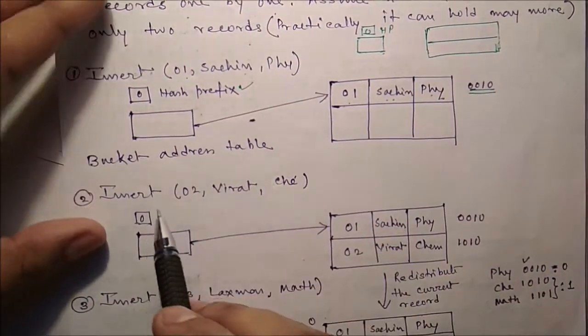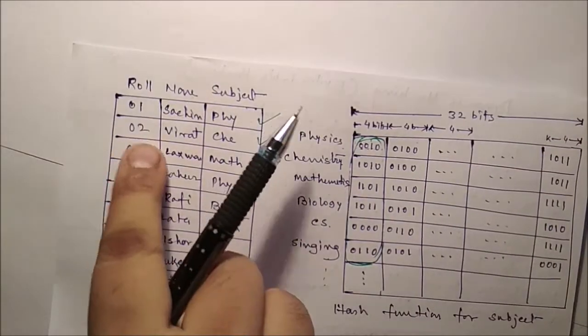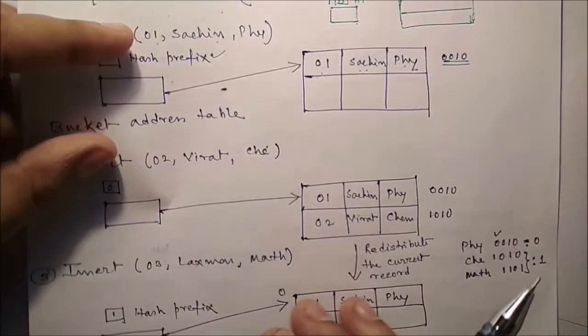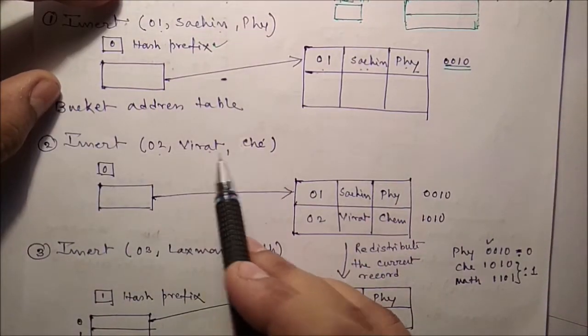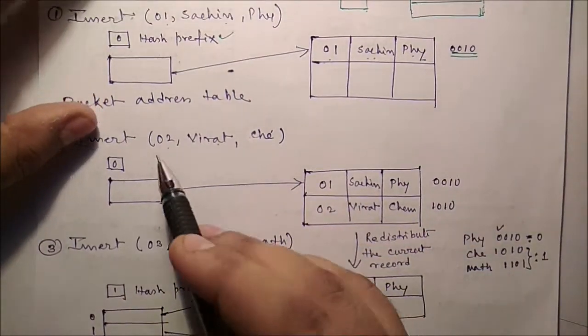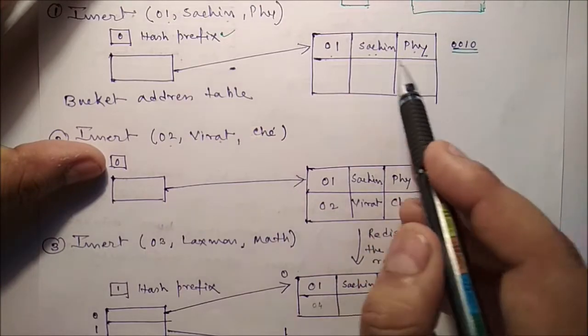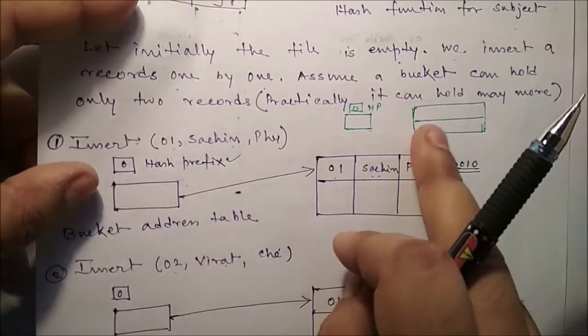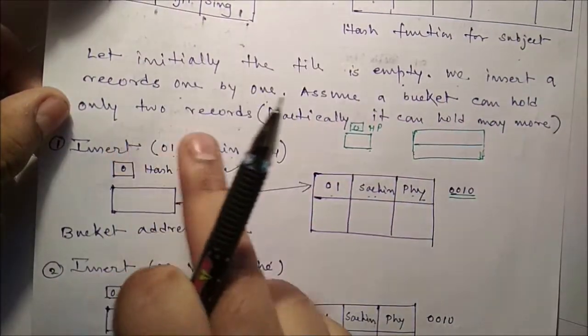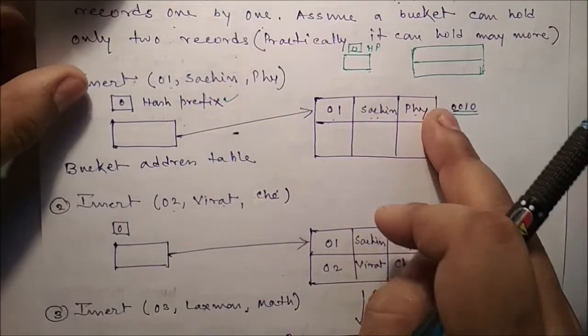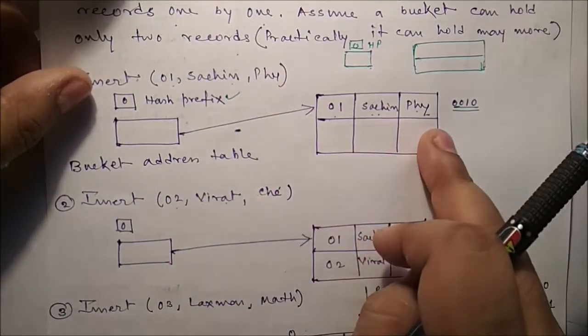Next we have to insert roll number 2, Virat, chemistry. In this case the space is there, since each bucket can hold 2 records and only 1 record is there. That means we can accommodate 1 more record here.